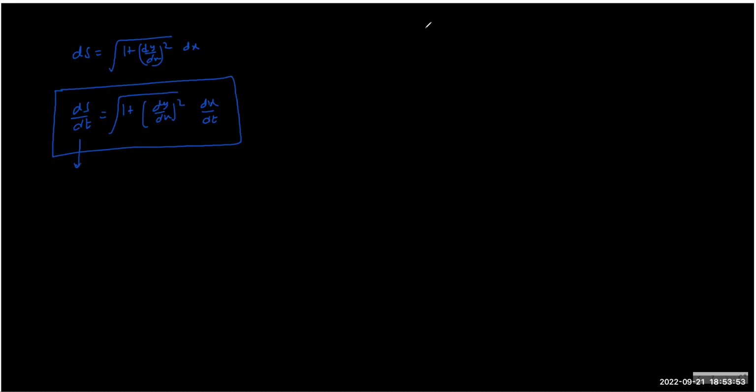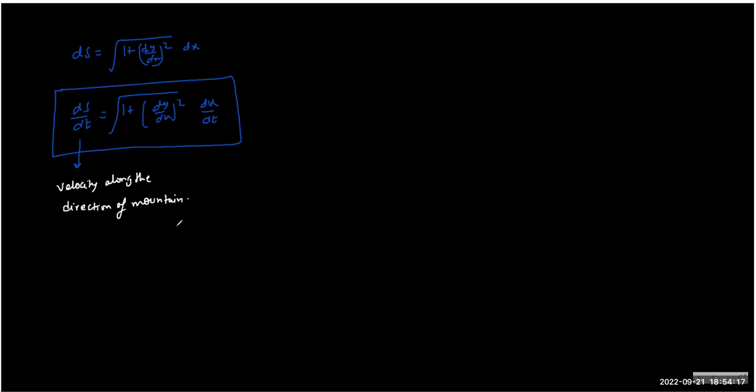This is the velocity along the direction of the mountain.